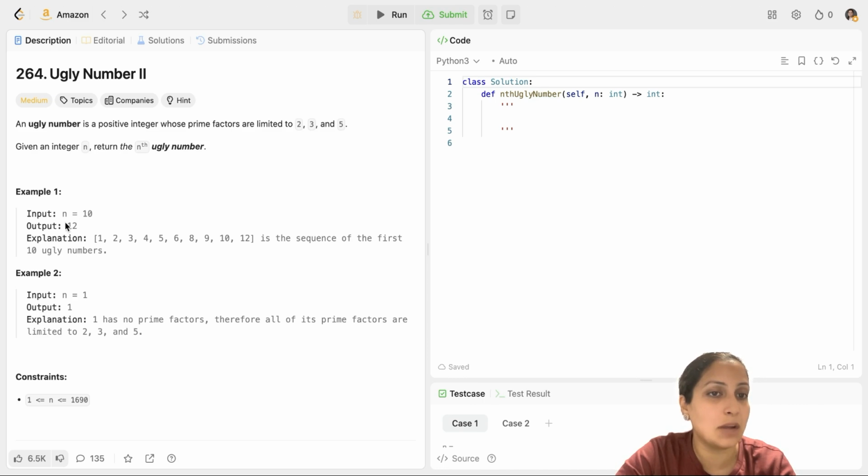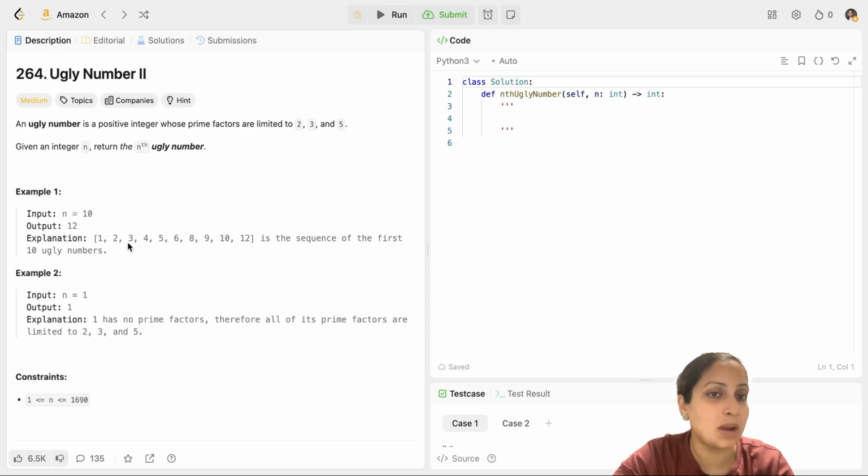Here in example 1, you have been given n equal to 10 and your output is 12. Why? Because your list of the first 10 ugly numbers is this: 1, and then 1 multiplied by 2, 1 multiplied by 3 and 1 multiplied by 5. So 1, 2, 3, 5. Then 2 multiplied by 2 which is 4, 2 multiplied by 3 which is 6 and 2 multiplied by 5 which is 10.